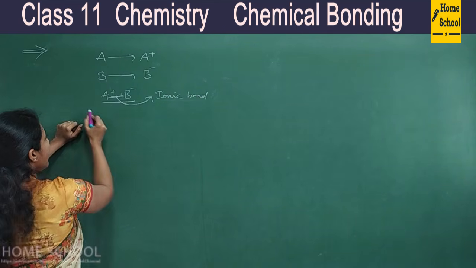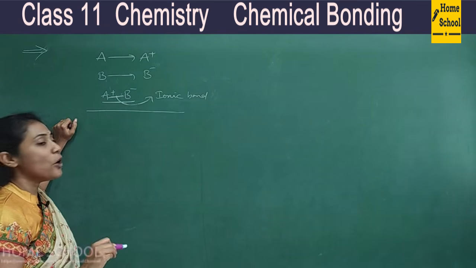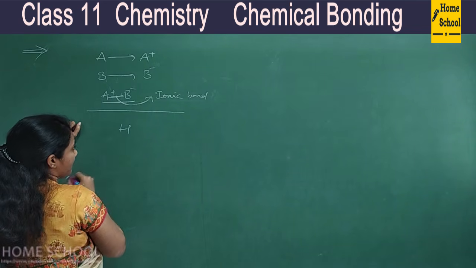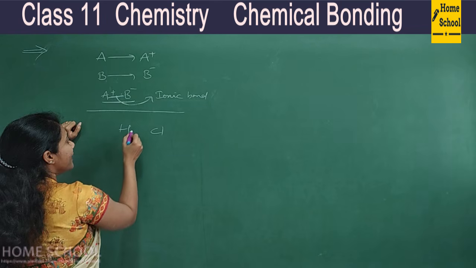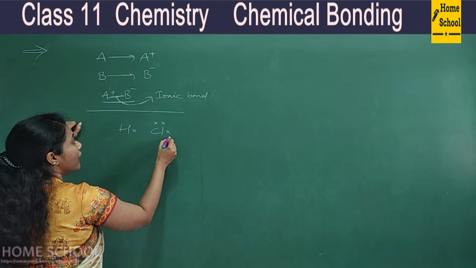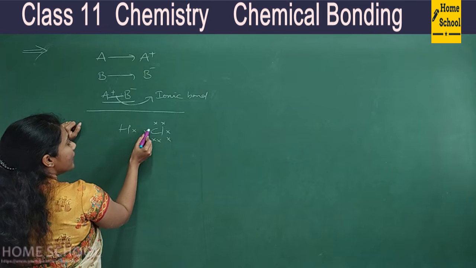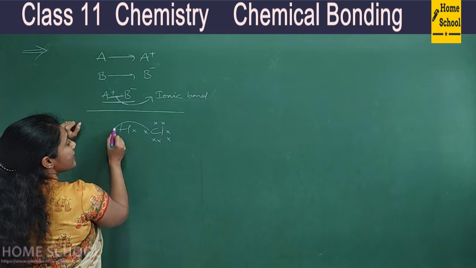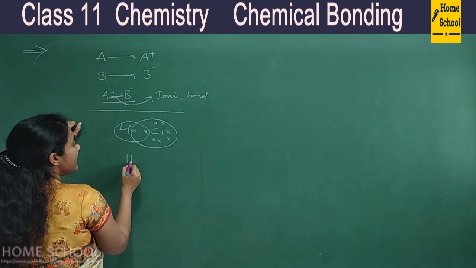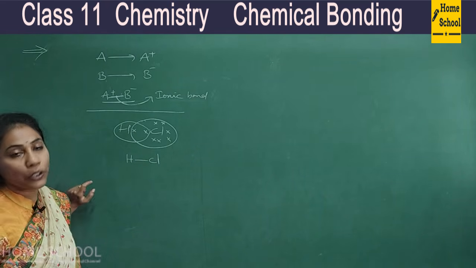And we have also studied how covalent bonds are formed. Covalent bonds are formed by sharing of electrons. You have hydrogen, you also have chlorine. Hydrogen has 1 electron. Chlorine, in its outermost shell, has 7 electrons, right? So sharing of these 2 electrons takes place between hydrogen and chlorine, and this leads to the formation of a covalent bond between hydrogen and chlorine.